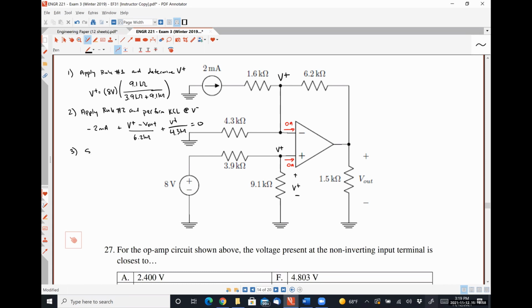Step 3. Just solve that KCL equation for V out. We're done. Doesn't matter how ugly or nasty I make this look. Those are the 3 steps.